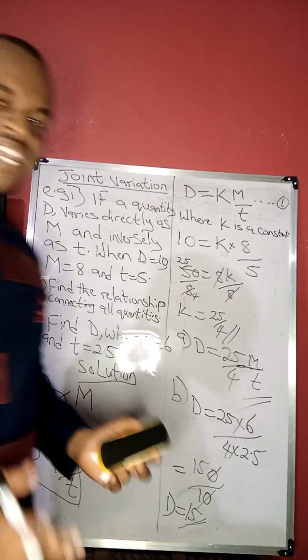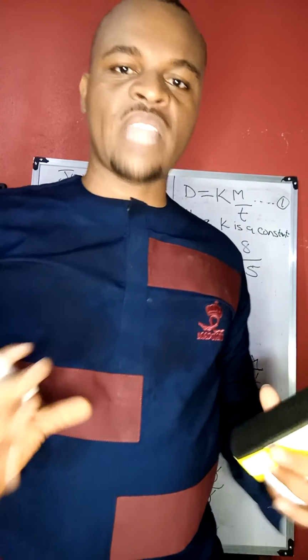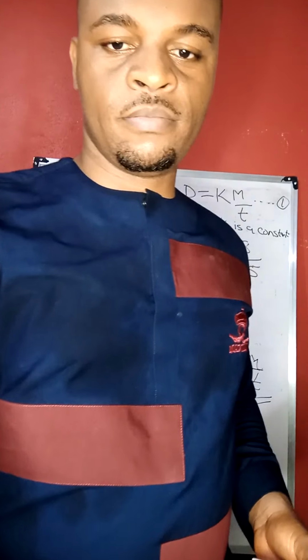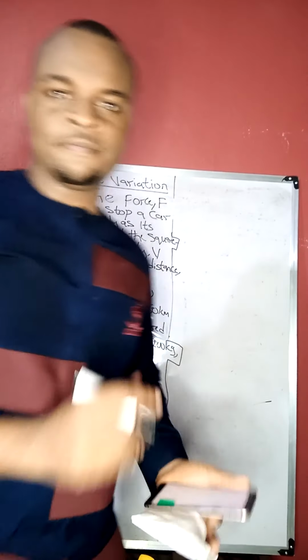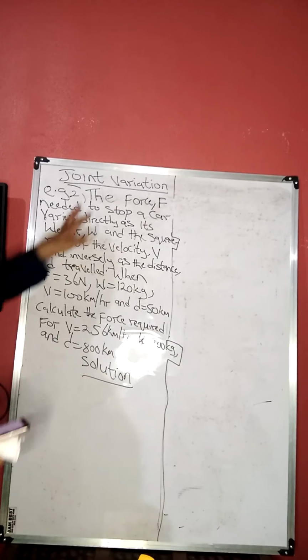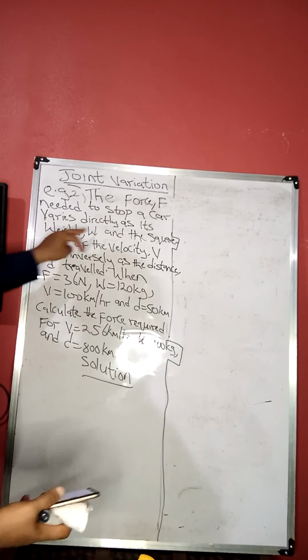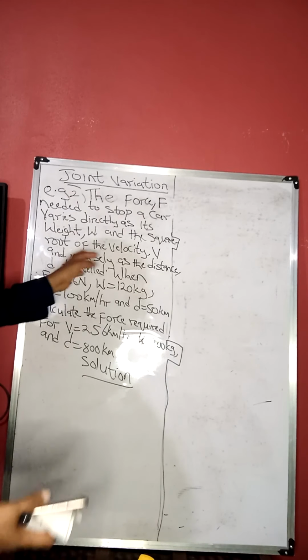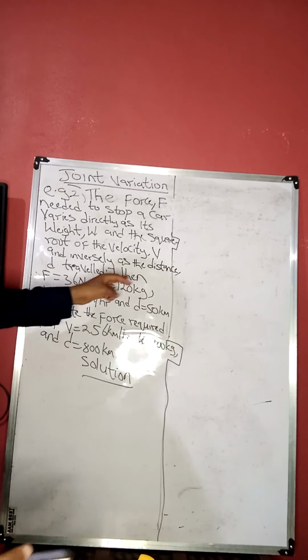We are going to take another example to understand further how to solve questions on joint variation. Alright, our example 2 is on the board, and the question says the force F needed to stop a car varies directly as its weight W and the square root of the velocity V, and inversely as the distance D traveled.